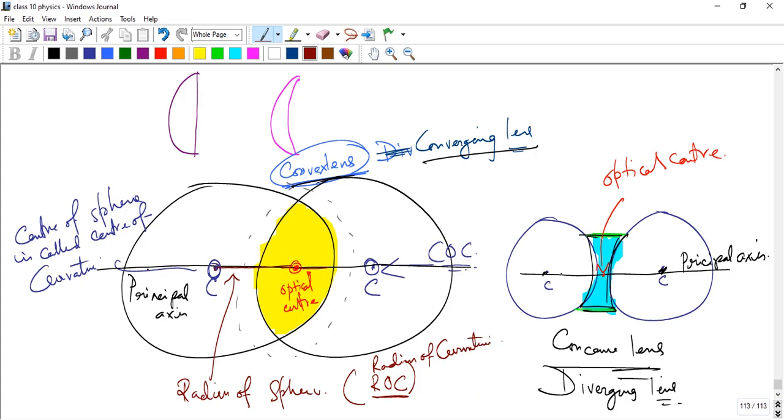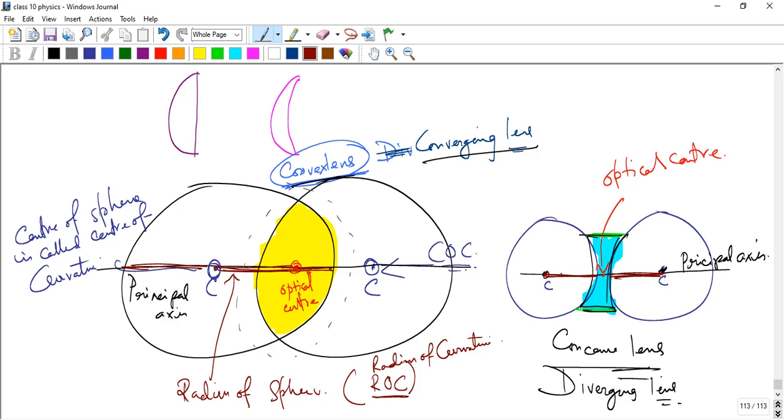This line is called the radius of curvature, and from here to there is also the radius of curvature. This line also, here to that line, is the radius of curvature.